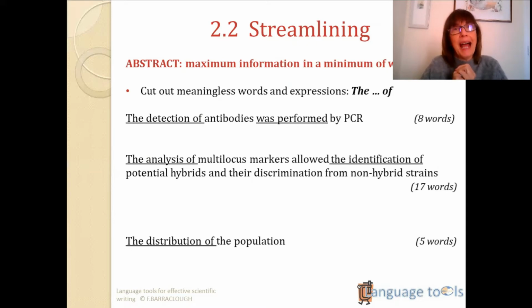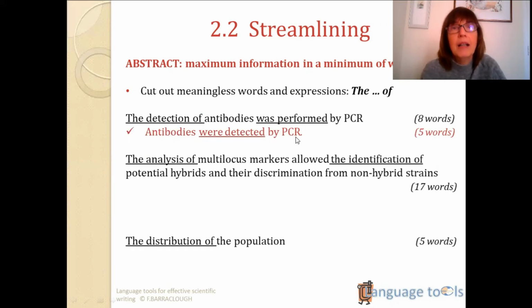So the and of are examples that can often be eliminated, and what's more, in doing so, we often improve the style, okay? So often we use a noun: the detection of antibodies was performed by PCR, okay, because we consider it's more formal or academic sounding, but in fact, to write antibodies were detected by PCR would be much more efficient and effective.